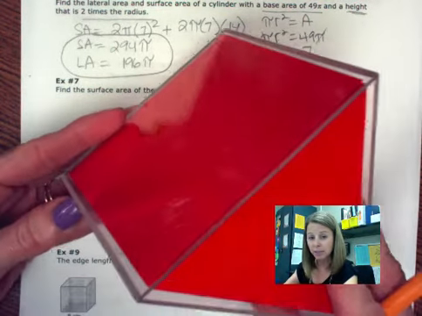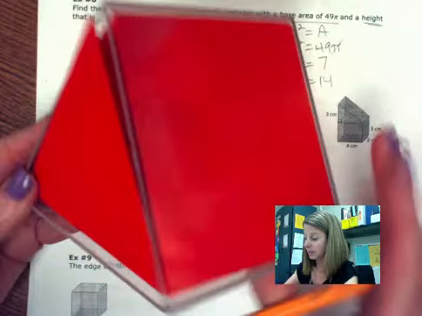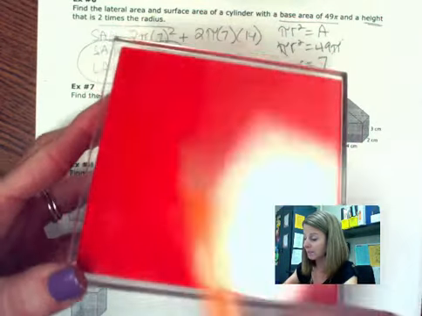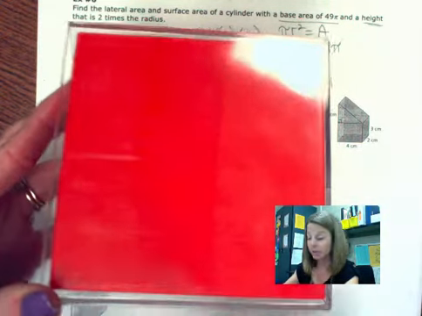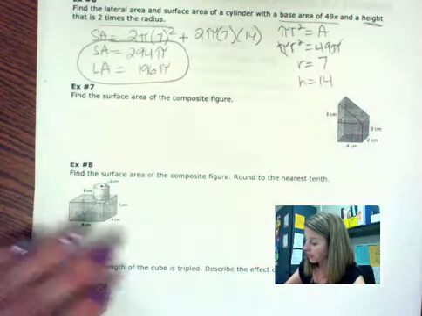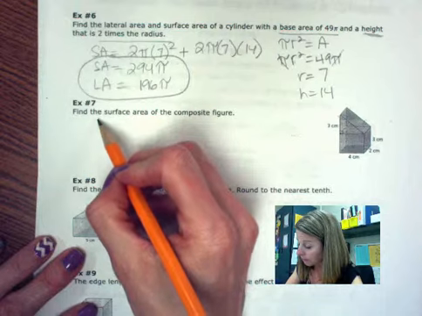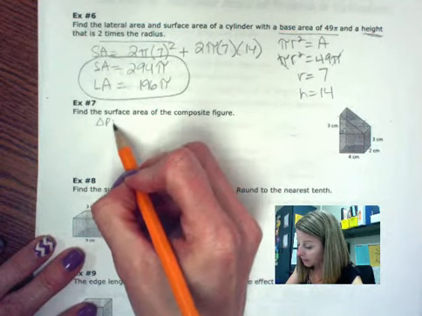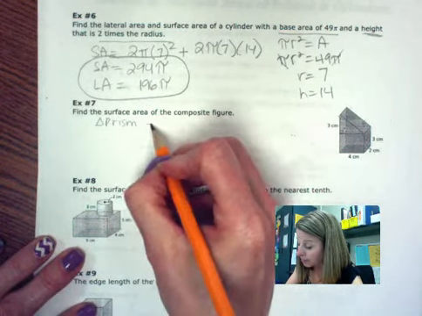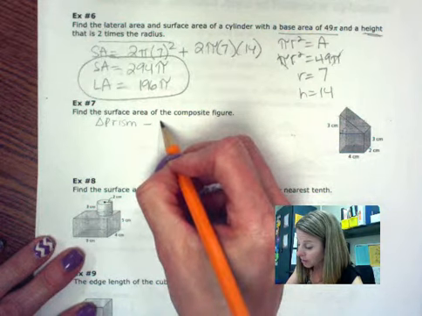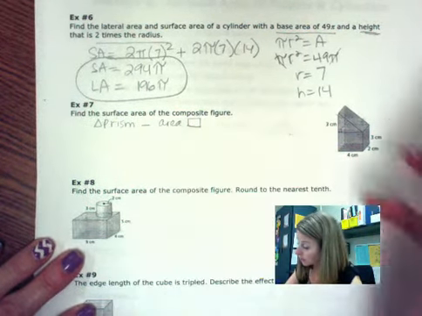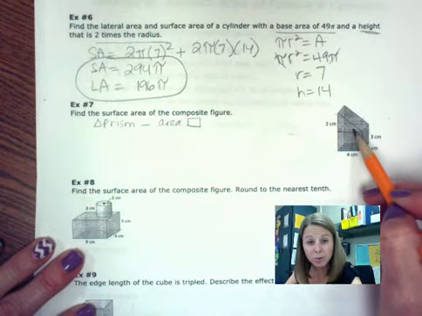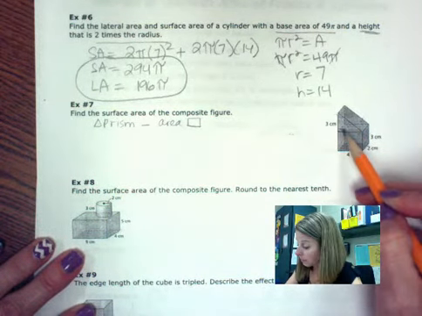So when I look at this particular prism, if I look at it this direction, I am missing one of these rectangles. So I need to take that away from my calculation. So if I do a triangular prism, but I'm going to subtract out the area of a rectangle. So if I do that, that will capture the whole thing with the exception of that rectangle.